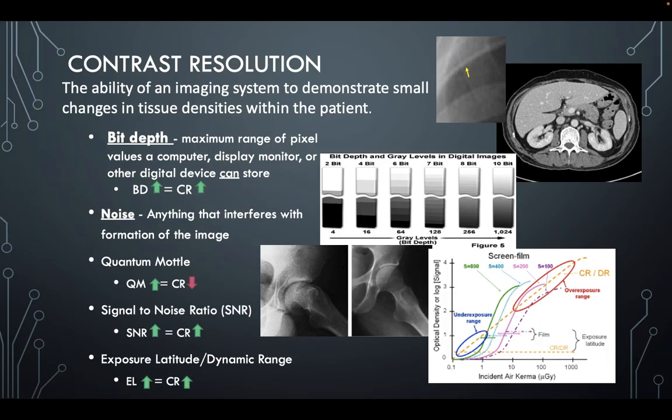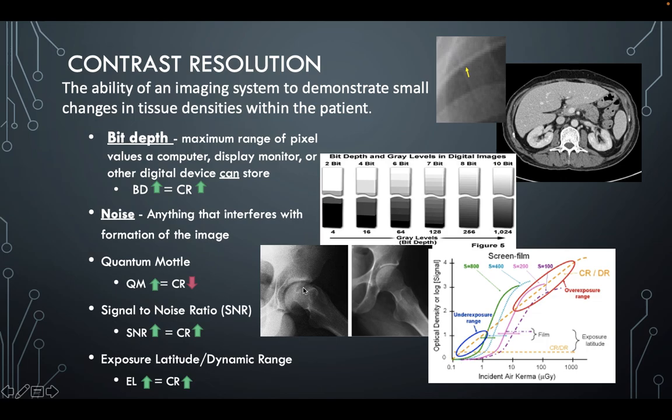If quantum mottle increases, my contrast resolution is going to decrease, and this is demonstrated here. So here I don't have enough signal. I have quantum mottle, and I have a lot of bright white here. I have some shades of gray in here, and then I have the dark area that is just tissue.